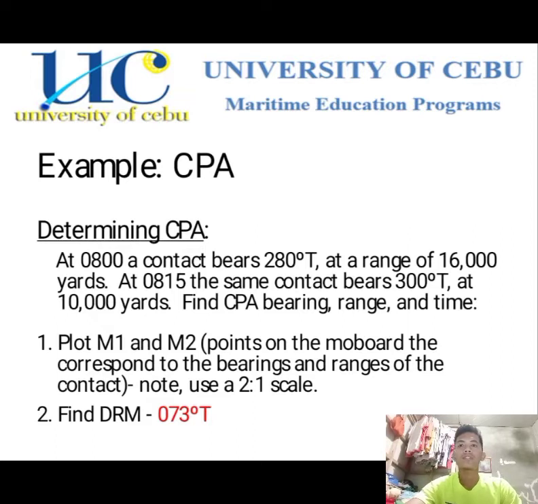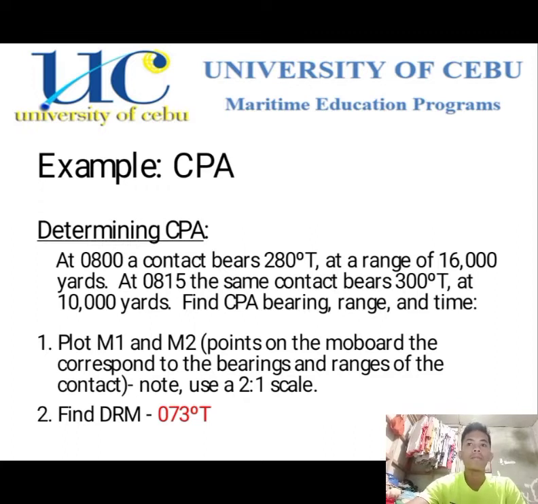So next is, at 0800 the contact bears 280 degrees true at a range of 16,000 yards. At 0815 the same contact bears 300 degrees true at 10,000 yards. Find the CPA bearing, range, and time.